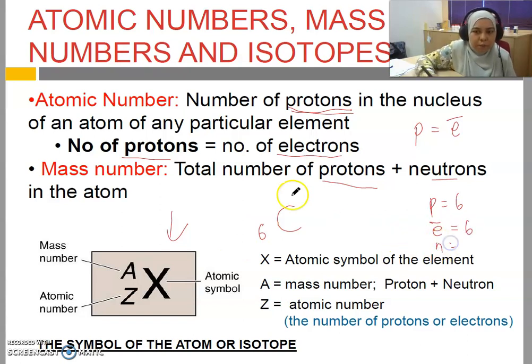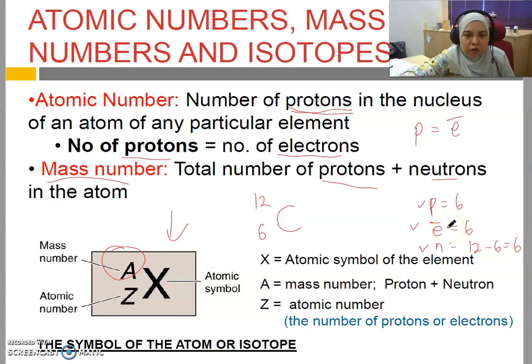Neutron kita tak tahu lagi. Bila kita tengok mass number, it is 12. So, total proton plus neutron equal to mass number yang di atas ni. So, 12 minus 6, you akan dapat 6 juga. So, proton 6, elektron 6, neutron also 6 for carbon. Ini example lah saya bagi.